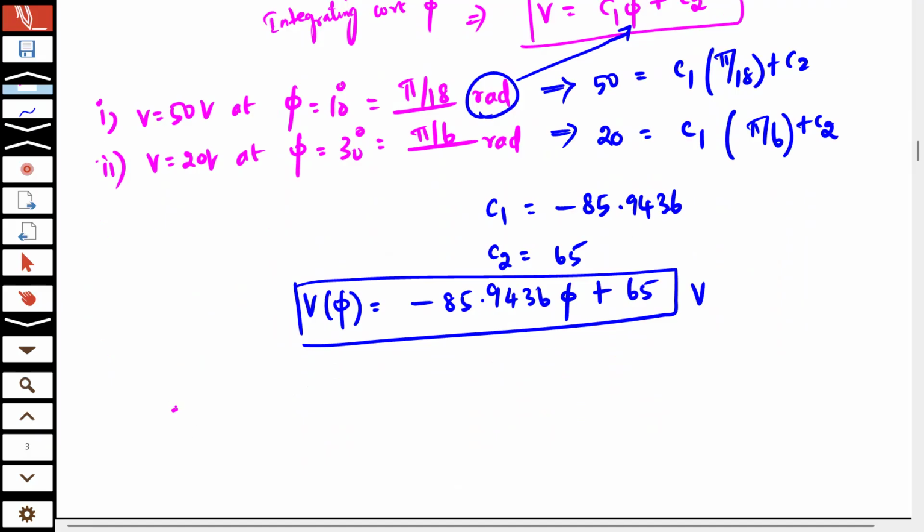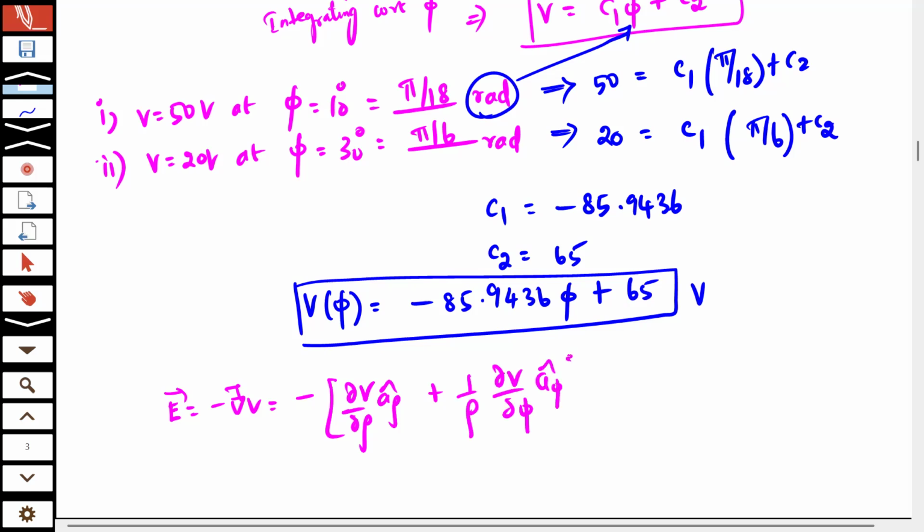Electric field intensity is the negative gradient of potential, which is minus dou V by dou rho A rho cap plus 1 by rho dou V by dou phi A phi cap plus dou V by dou z A z cap.